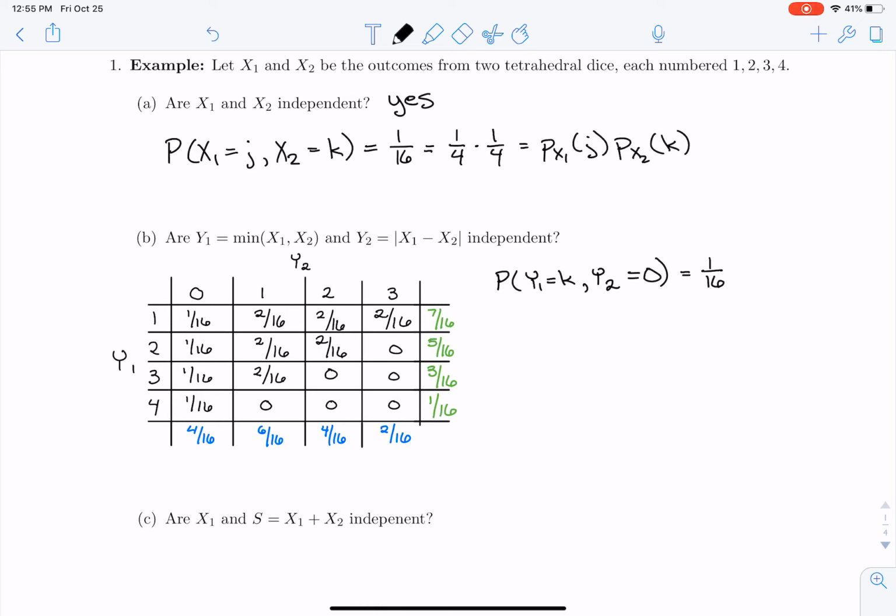Now, what is the probability that Y1 equals k times the probability that Y2 equals 0? Well, that's equal to the probability that Y1 equals k, and then the probability that Y2 is 0, we can see from the sum of the first column, is 1/4.